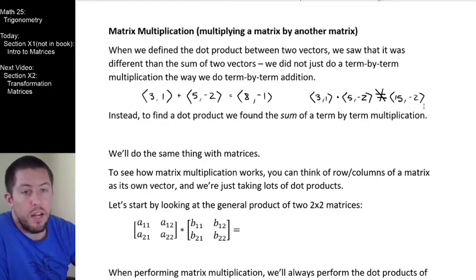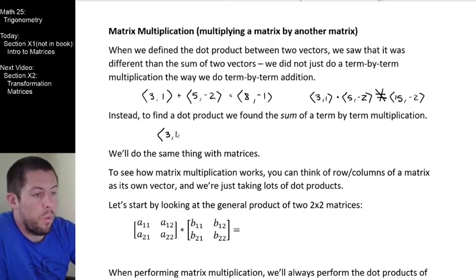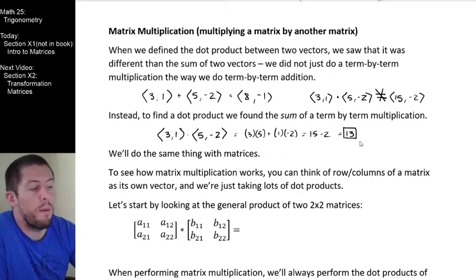Instead, to find the dot product, we found the sum of a term by term multiplication, right? So instead, when we did our 3, 1 times, and when I say times, I mean with the dot product, of 5, negative 2, we instead did this: 3 times 5 plus 1 times negative 2. And that gave us 15 minus 2, which was 13 there. Right? This was our more appropriate way to do this.